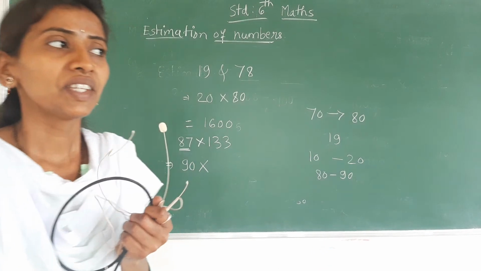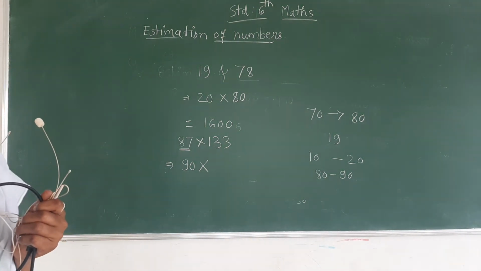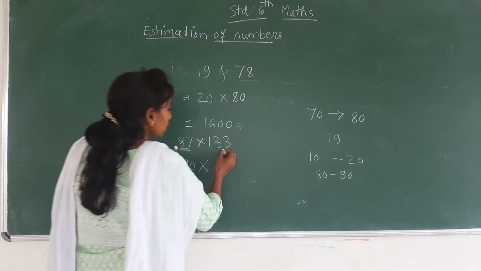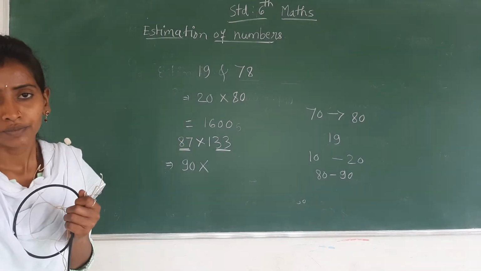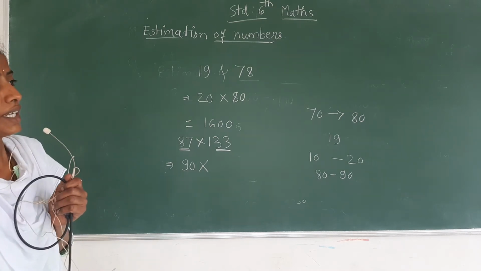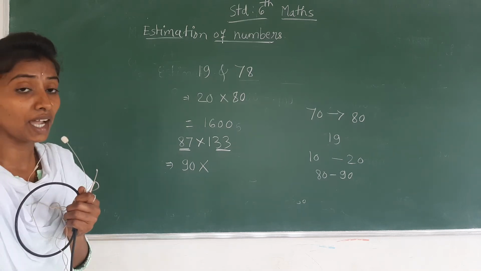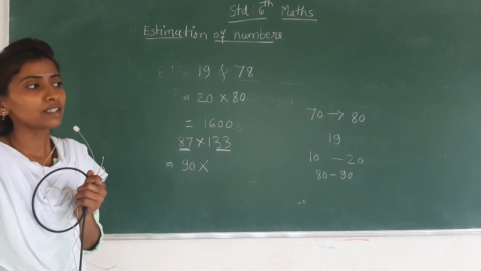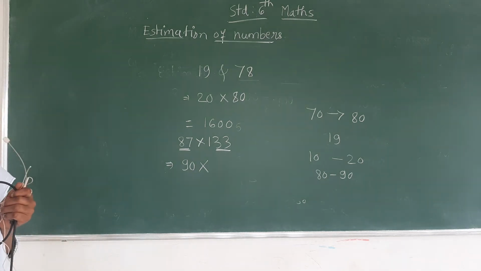This is a 3-digit number. To estimate to the tens place, we consider 33; we don't consider 1, we only consider 33. 33 comes in between 30 and 40. 33 is nearer to 30, not 40.